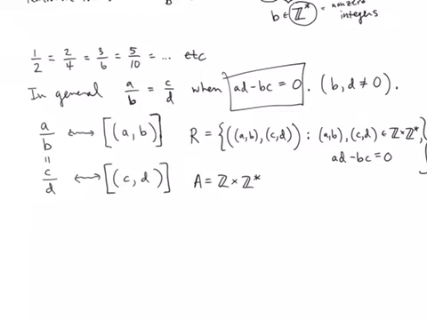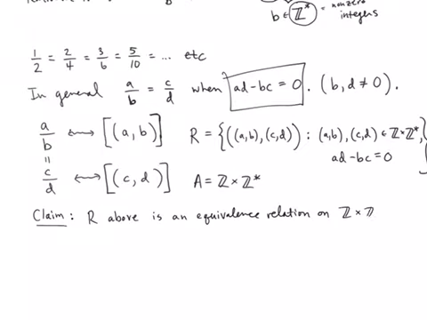Okay, so the claim now is that R above is an equivalence relation on Z cross Z star.